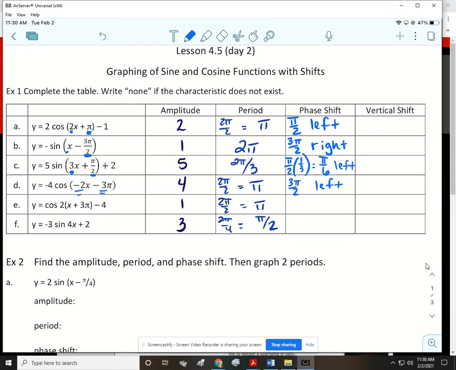Alright, this E is confusing. If I distributed that 2, it would be 2x plus 6 pi, and then I would do 6 pi divided by 2, which makes it 3 pi. So I could do that, or I could just use the 3 pi because they already factored that 2 out.